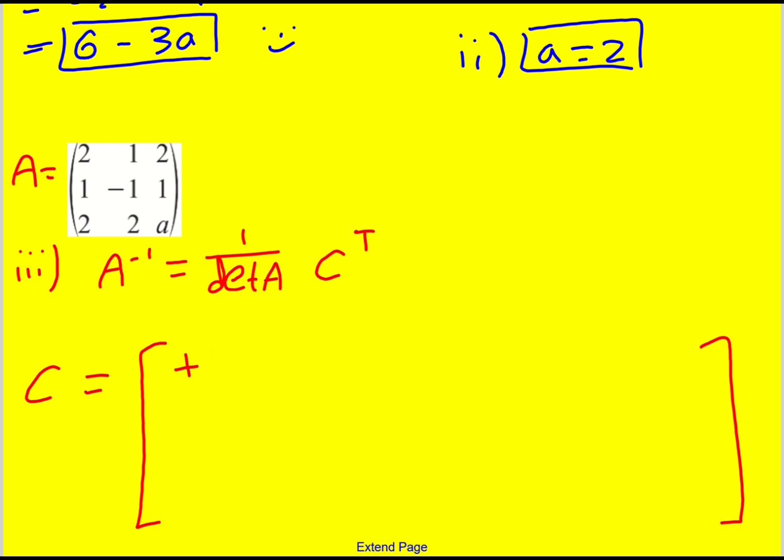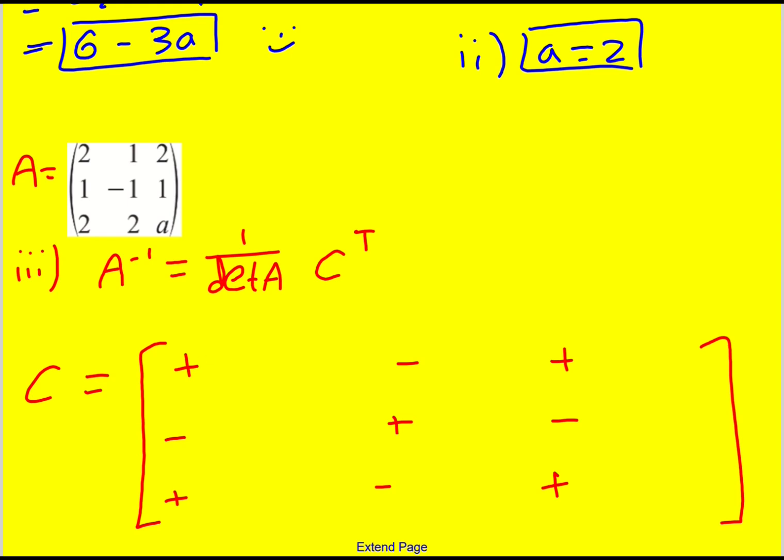We just have to include a plus, minus, plus. That's the only difference really, and it goes like this. What I'm really doing is minus 1 to the power of the row plus the column. That's how you get this pattern. So in a 2 by 2, you get plus, minus, minus, plus. In a 4 by 4, plus, minus, and so on.